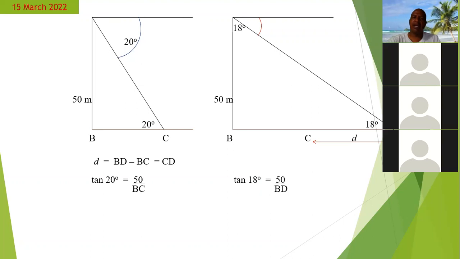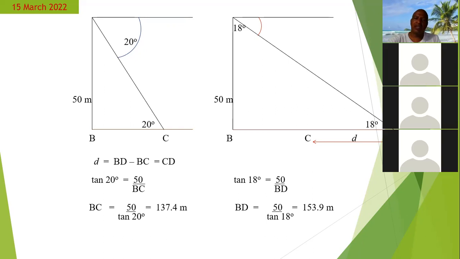From the smaller triangle, we could calculate what the length of BC would be. And then from the larger triangle, we calculate what BD would be. Based on this calculation, we see that BC would be 137.4 and BD would be 153.9.